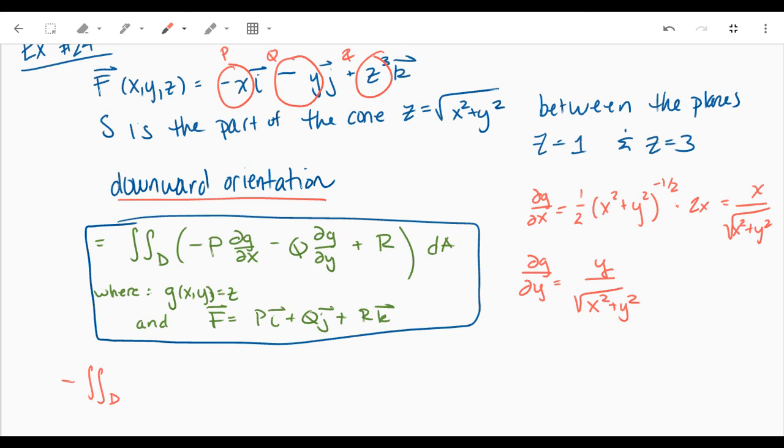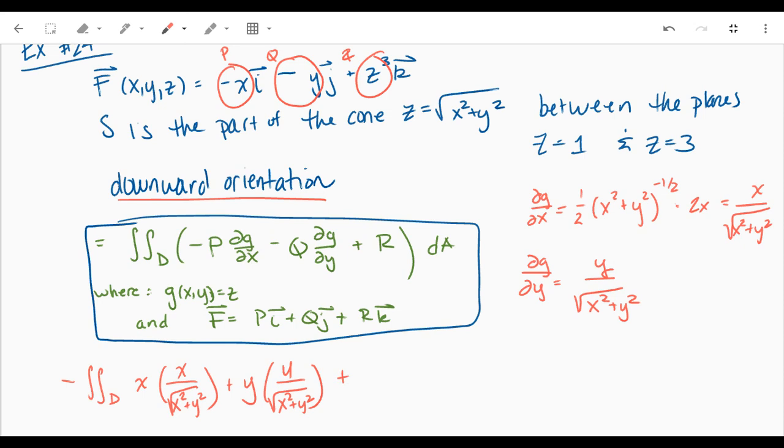Negative P, so that's going to be positive x times dg dx, so x over the square root of x squared plus y squared, minus Q, so plus y, times y over the square root of x squared plus y squared, plus R. Okay, so plus z cubed, but we can't throw in that other variable, right?